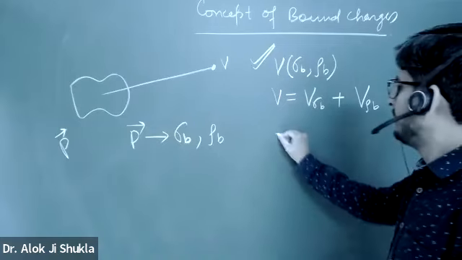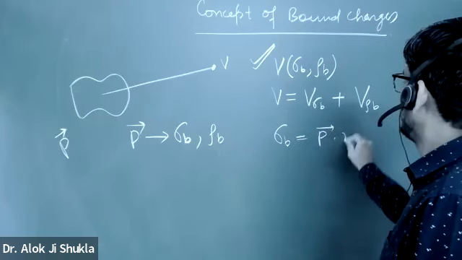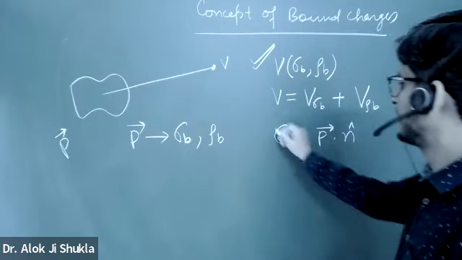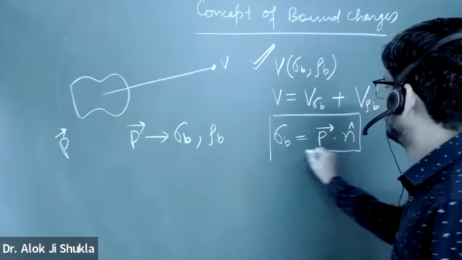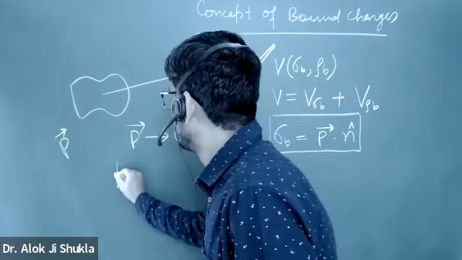Now sigma b can be shown mathematically. It can be calculated by P dot n. Mostly they don't ask to calculate potential. They just ask what is sigma bound. And once you know it, what is the potential?